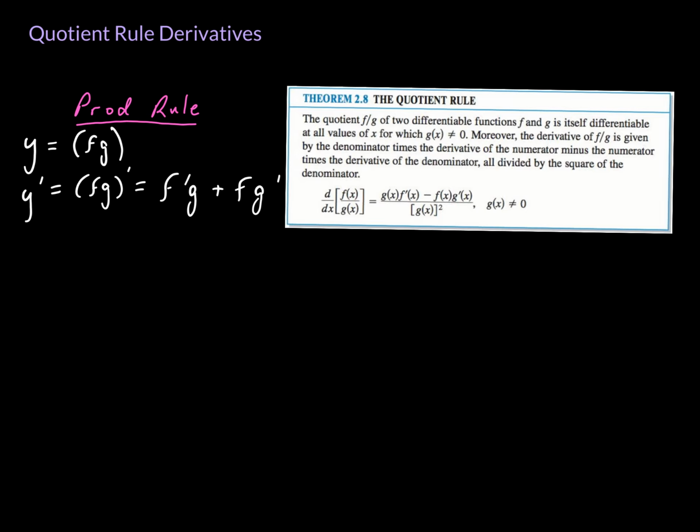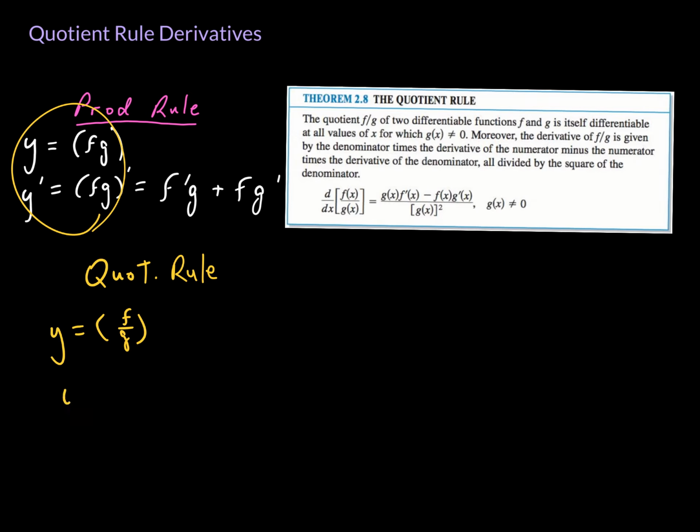Let's write this down here. So that's the product rule. So the quotient rule, if I follow the same notation as above here, if I have some sort of function y, now instead of f times g, I'm looking for f divided by g. Well, actually, hold on. That's what the y would be, and then if we want to take the derivative of that, the notation would look like this.